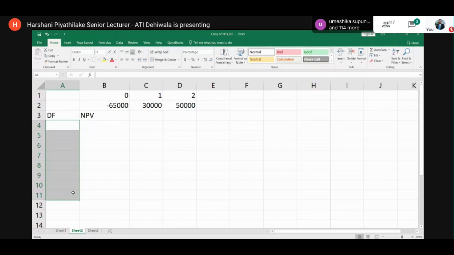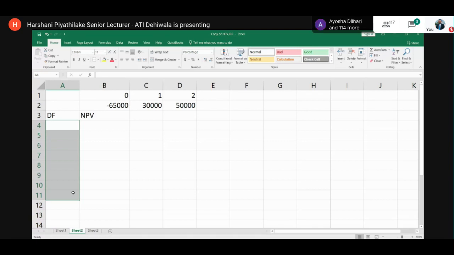What I'm going to do now is, using a graphical method, means using a graph, you can derive the IRR, without using the IRR formula, internal rate of return formula. Using the different NPVs for different discounting factors, you can create a graph to show the IRR.